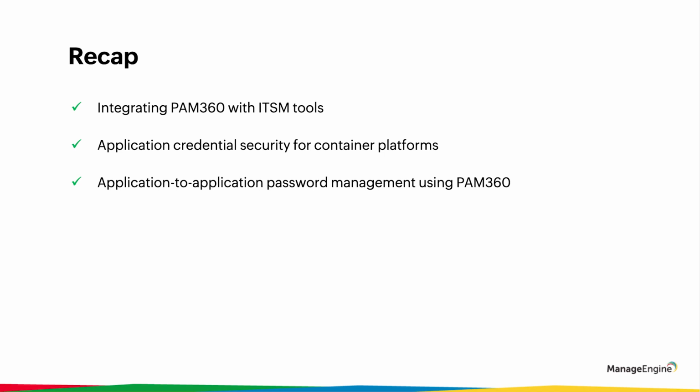And we have also seen how to create a ticket if a certificate is about to expire. Then we have also seen the Kubernetes platform, how the credentials are managed under the Kubernetes cluster platform. We have also seen the application to application password management using the REST API functionality available in PAM360.